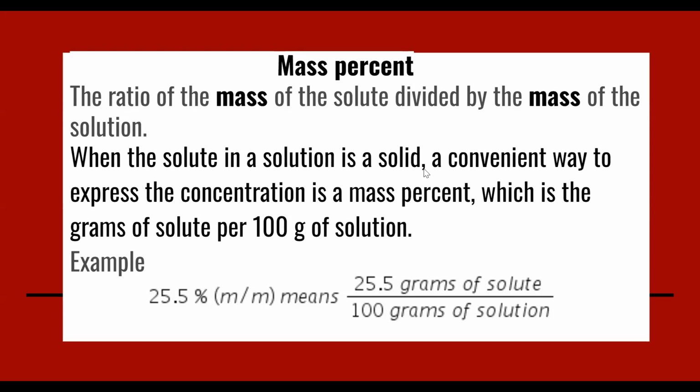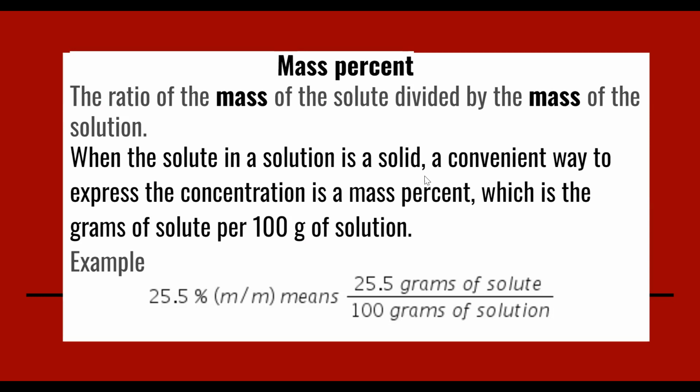And what does that mean? Just like 80% is 80 out of 100, 25.5% mass over mass means 25.5 grams of solute over 100 grams of solution.